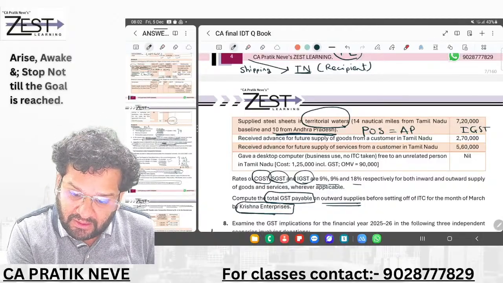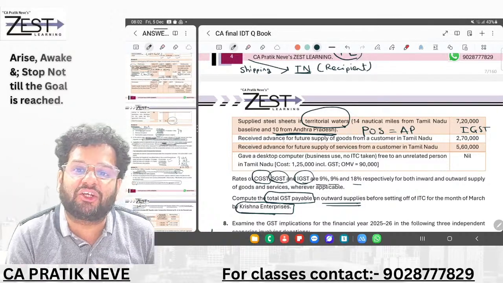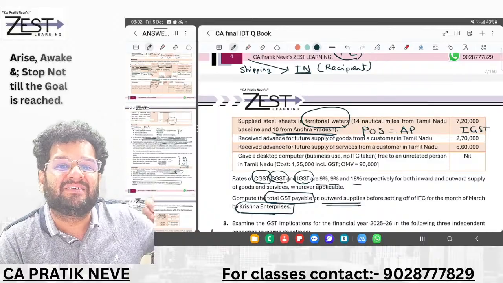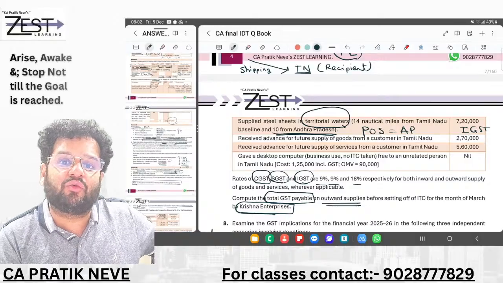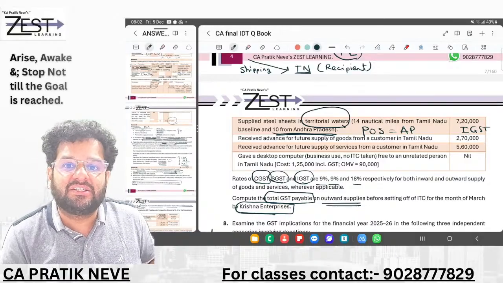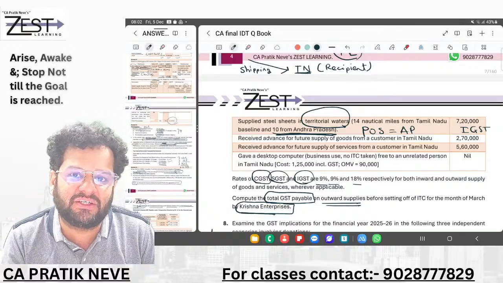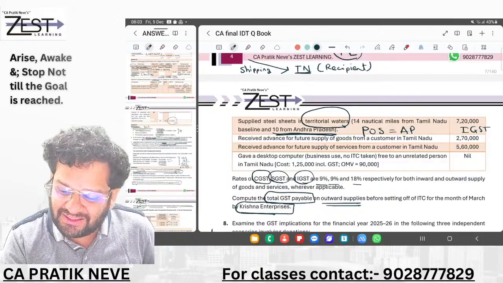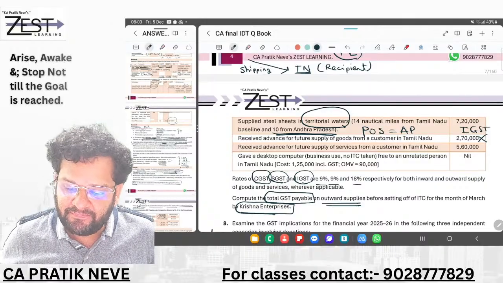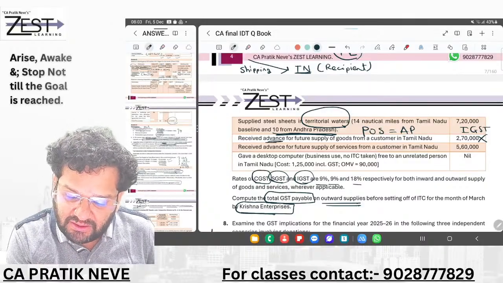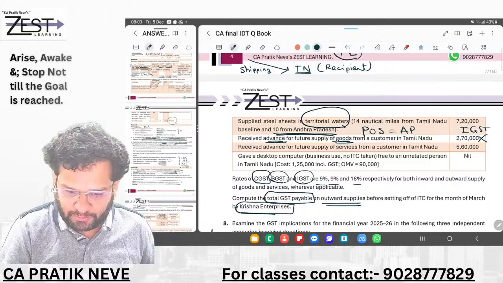Here there is no reference in section 12(2) of date of receipt of payment. Means 12(2) is date of issue of invoice or the last date when invoice was supposed to be issued, whichever is earlier. So receipt of payment doesn't matter, thanks to Notification 66/2017-CT. So right now there is no time of supply of this advance for goods. So there is no question of GST to be paid right now.